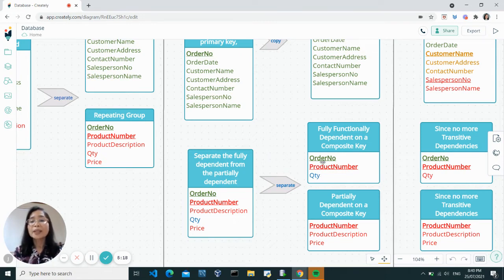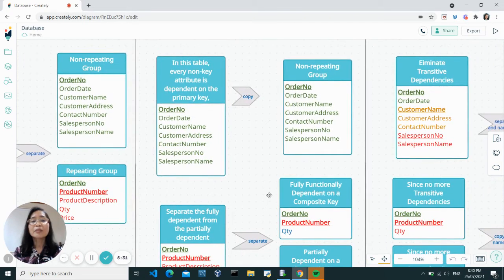Quantity is dependent on order number and product number, and price and product description are dependent only on product number. Okay? So we are now in the second normal form, and we just copied this table because there is no composite key to this. So we just copy.